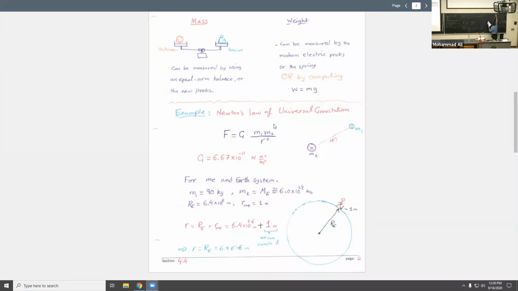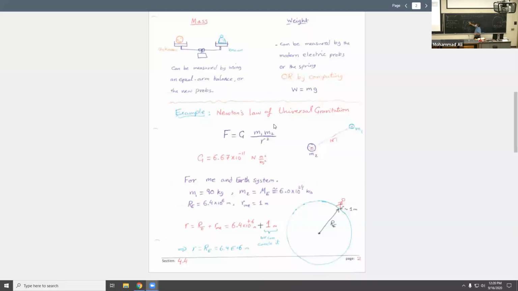My mass, M1, is equal to 90 kilograms. The Earth mass is equal to approximately 6 multiplied by 10 to 24 kilograms. It is huge, but not huger than the sun. We'll see that the sun has a bigger magnitude.